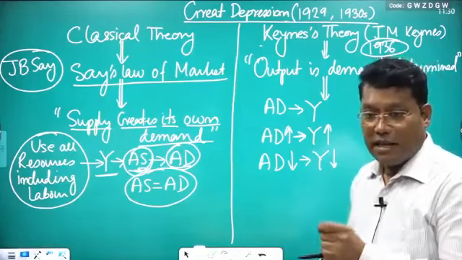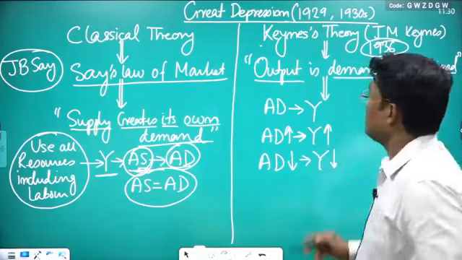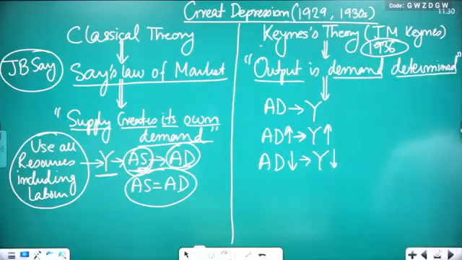Keynes is saying that output is demand determined. As per Keynes, output is demand determined. Keynes explained that output is demand determined.